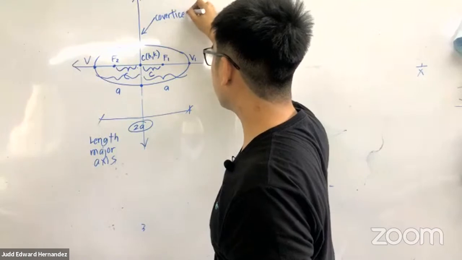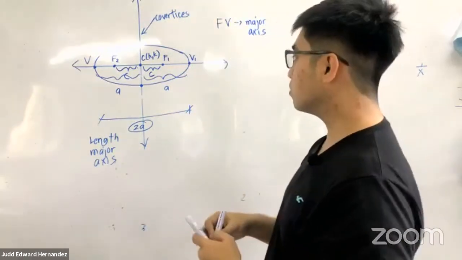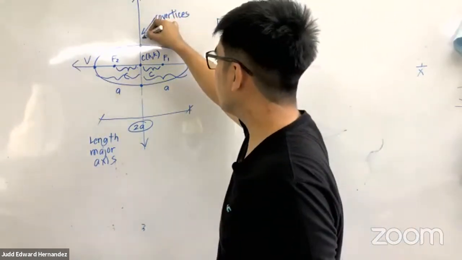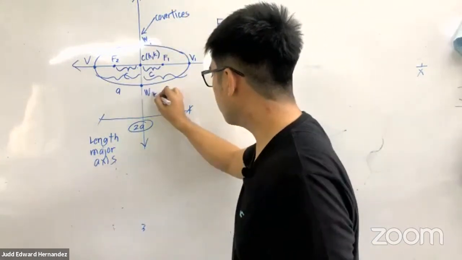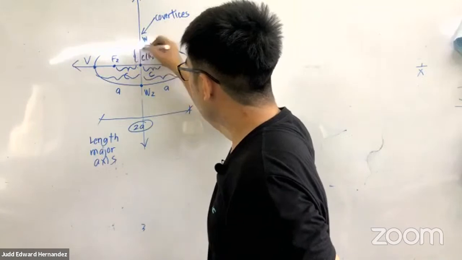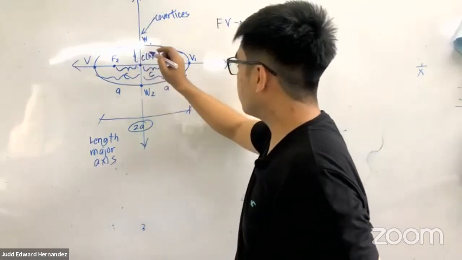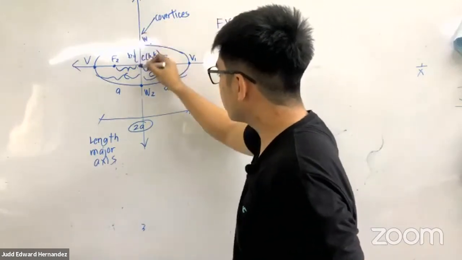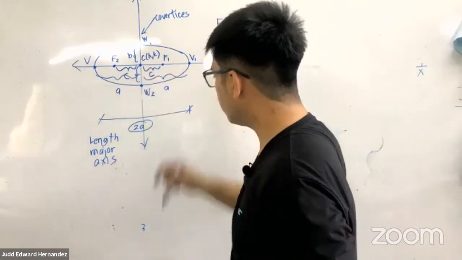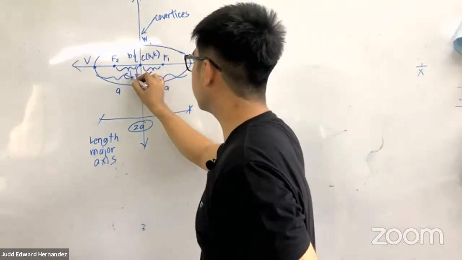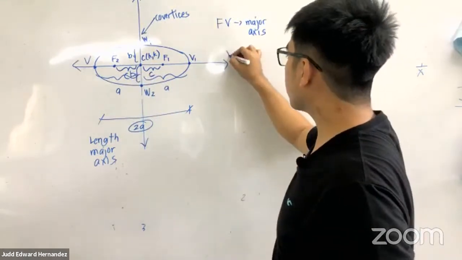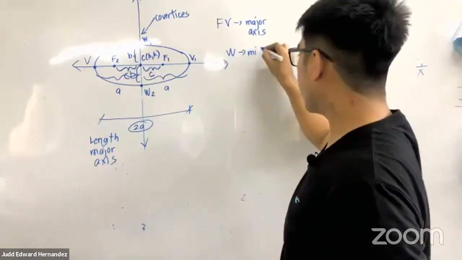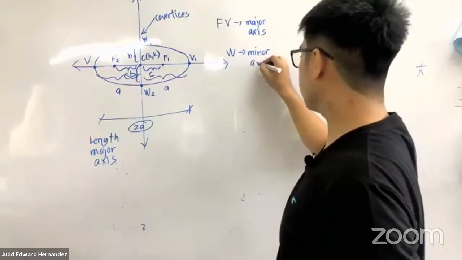At pag meron tayong co-vertices, I'll be calling that W. So if this is W1, this is W2. From the center going to one point of the co-vertices, that is B. From the center going to another point of the co-vertices, that is B. Okay. At kung nasaan yung co-vertices, we call that the minor axis.